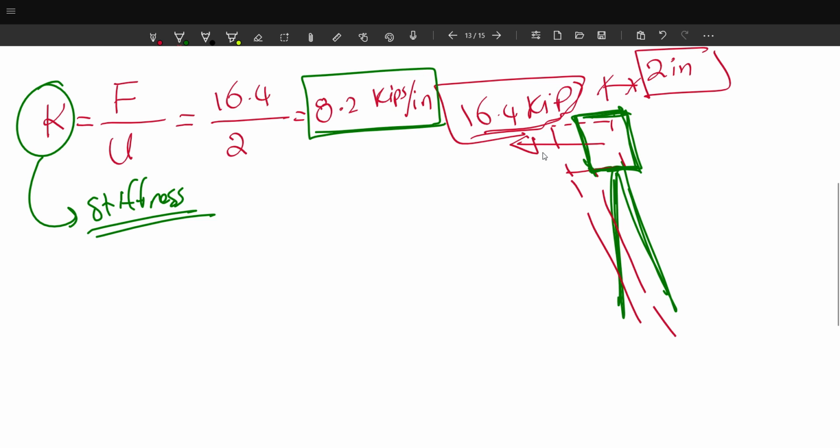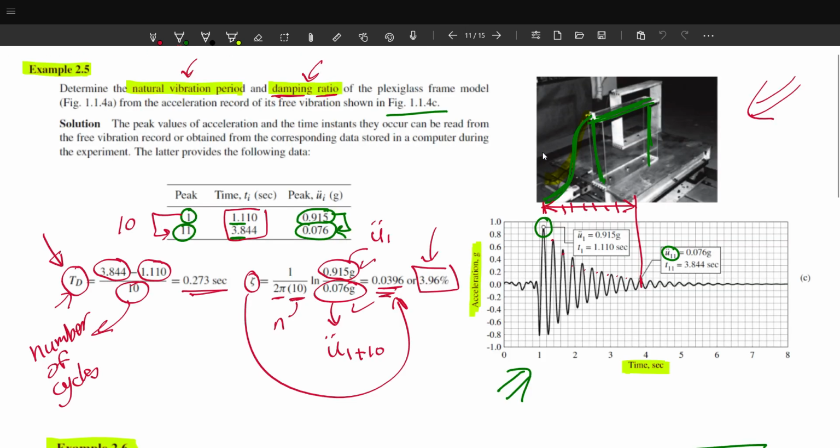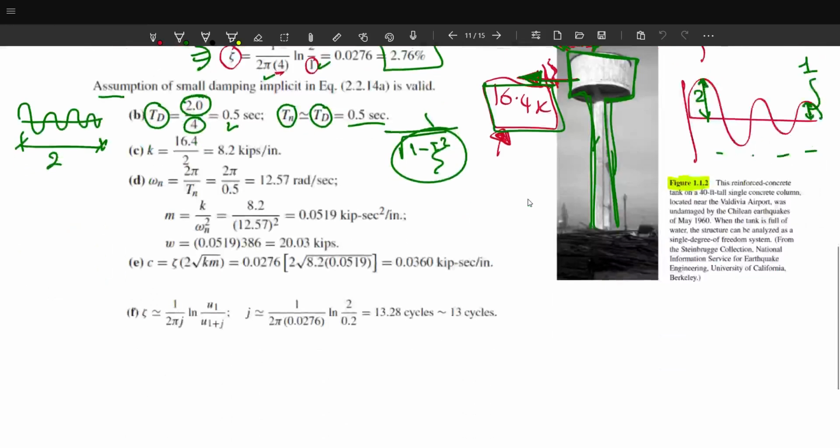Okay, the next requirement is they need the weight. The weight here is going to equal m times g, right? If we go back here, they wanted the weight of the system. Sorry for this. Yes, we are here.